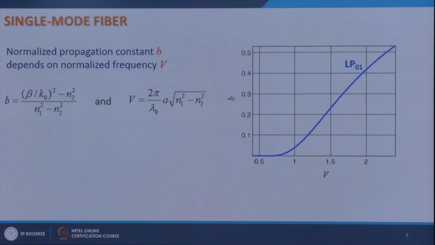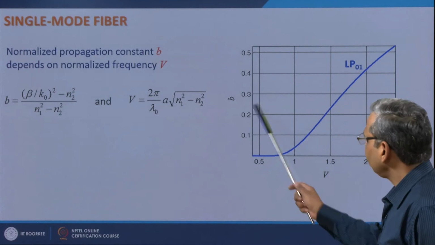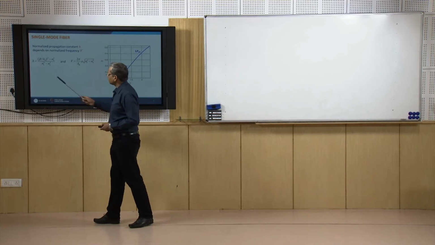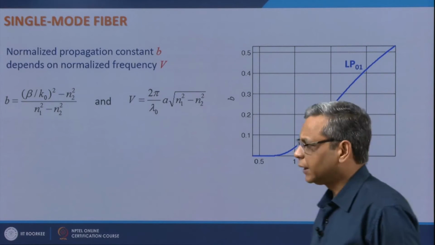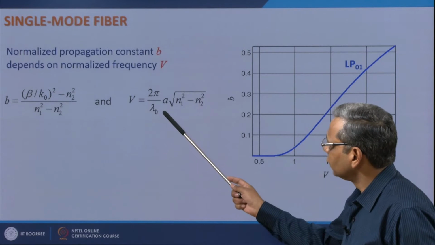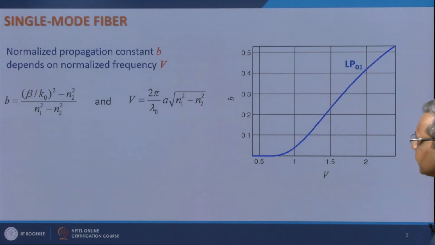So, if I look at single mode fiber, then it supports LP01 mode, and if I plot its b-V curve, b-V diagram, then it goes like this, and I know b is related to propagation constant like this, and V is related to the wavelength like this.